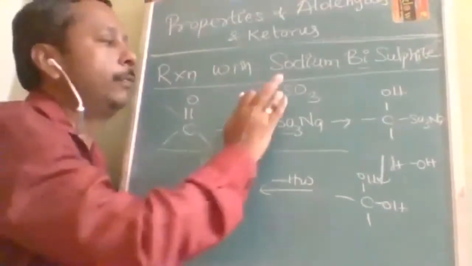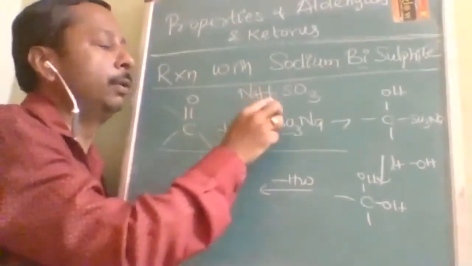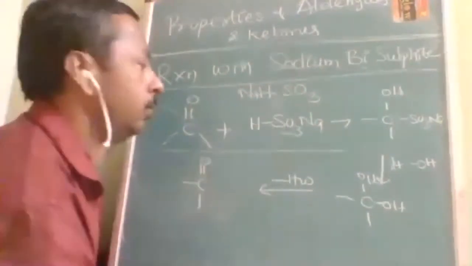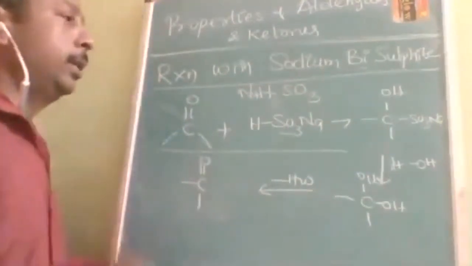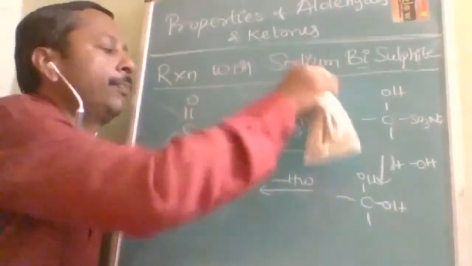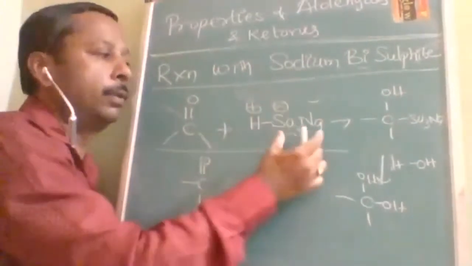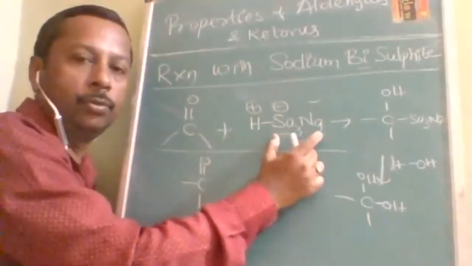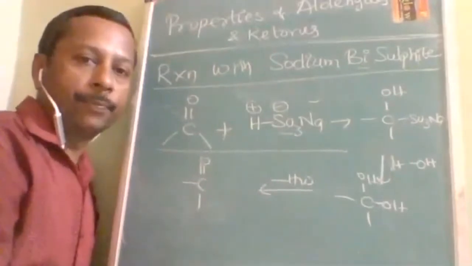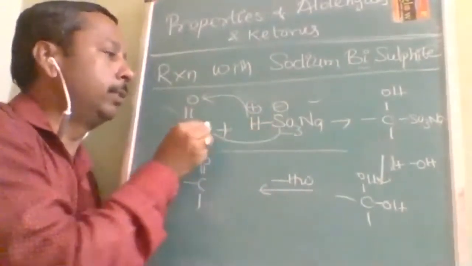If you remove only one hydrogen, then it is called sodium bisulfite. But for easiness, I am writing it as H and SO3. Here H will be positive, SO3 will be negative. This part will act as a nucleophile, this part will act as an electrophile. Electrophile will go to oxygen, nucleophile will go to carbon.